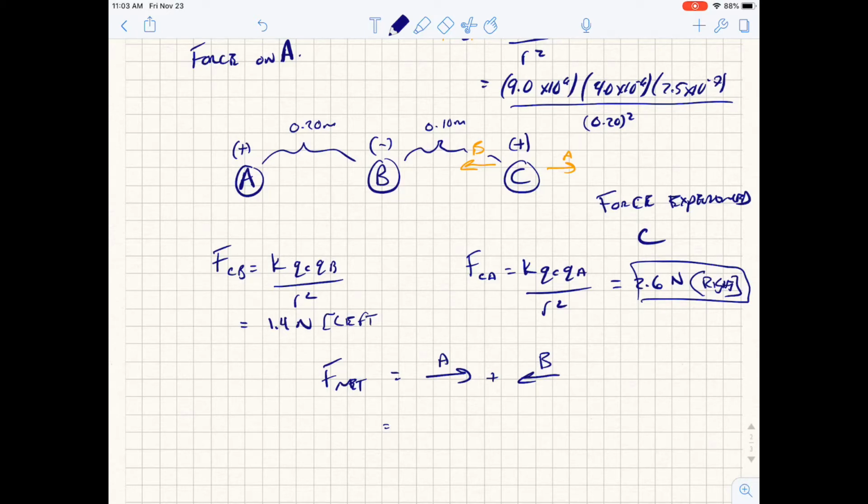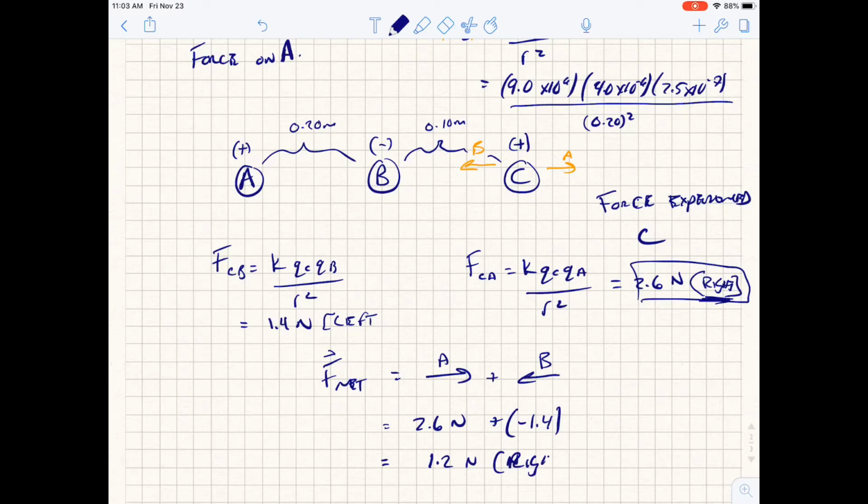So when we find the F net, we can say due to A, it's going to be 2.6 newtons, and that's a positive number because it's headed to the right, plus negative 1.4. We're using negative only to indicate the direction, and then we end up with an answer that is 1.2 newtons towards the right.